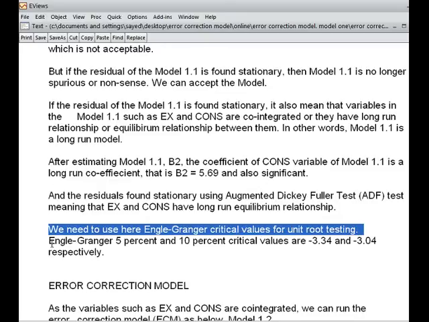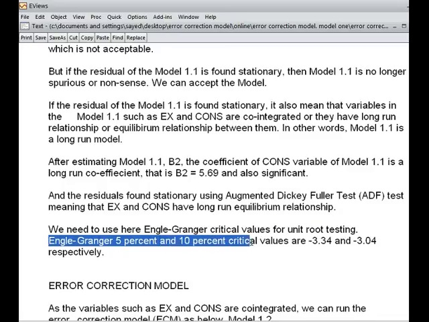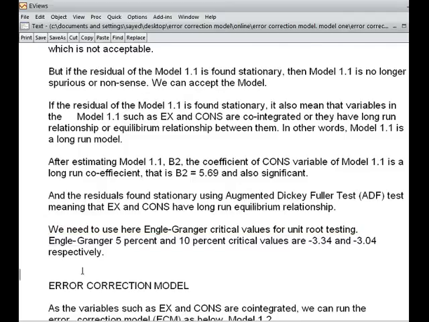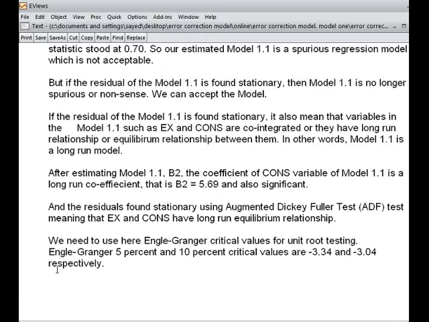And here actually we have used Engle Granger 5% and 10% critical values, that is minus 3.34 and minus 3.04 respectively, to check whether our residual is stationary or not stationary, right?